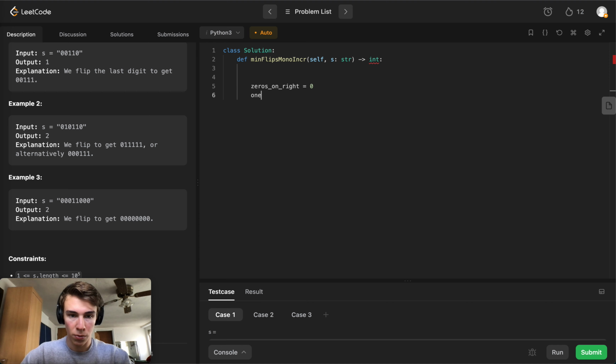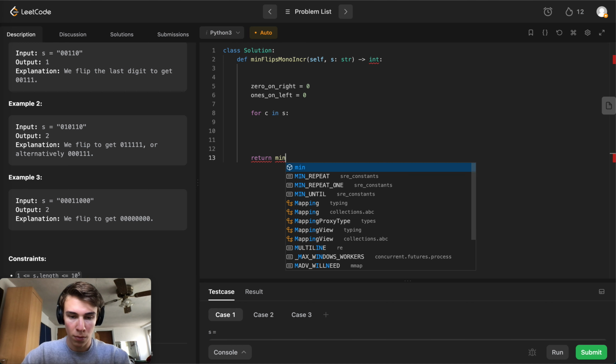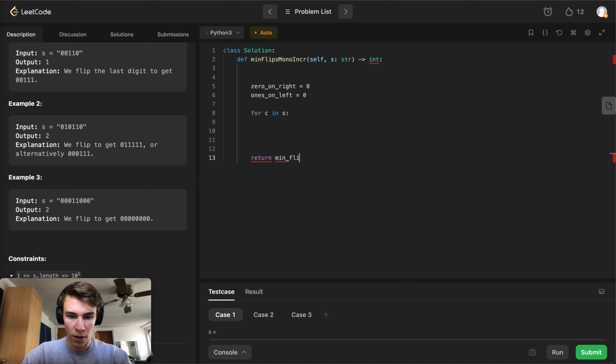Let's initialize zeros on right and ones on left, also equal to 0. And for c in s, we're going to do some operation and then return the answer, or min flips.